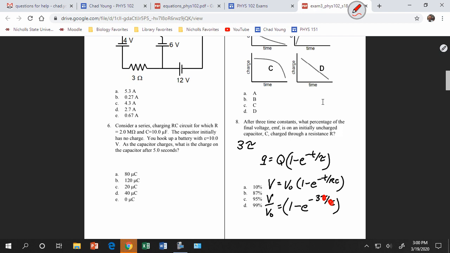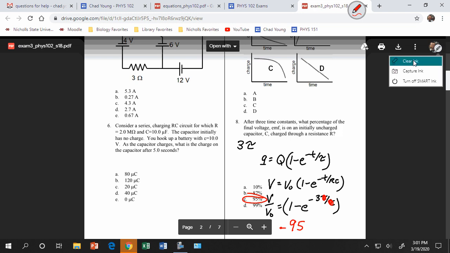When I do that, I get 0.95, or 95%. So after 3 time constants, your capacitor is 95% charged. After 10 time constants, we'll assume that it's fully charged, so it's basically 100% charged.